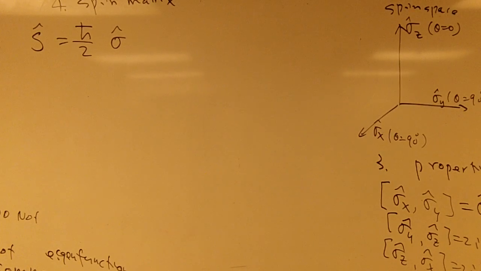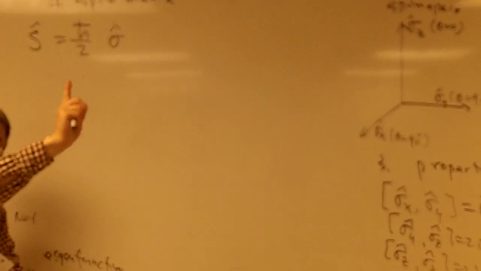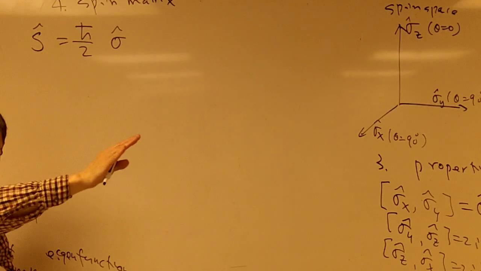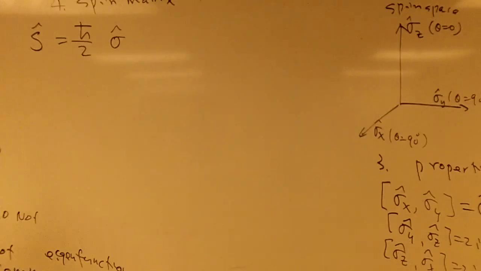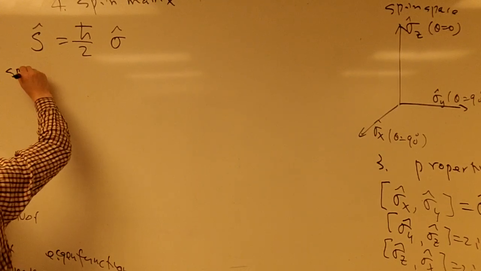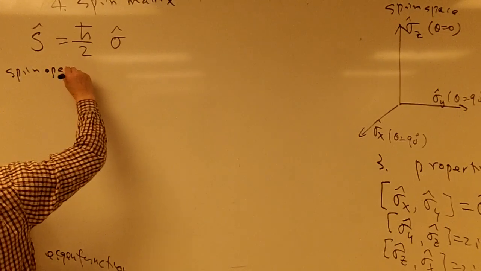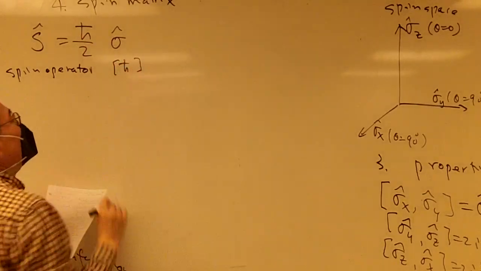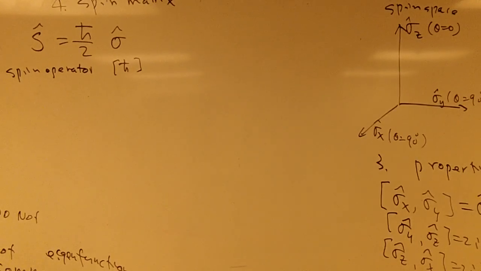This over 2 is exactly what the Stern-Gerlach experiment tells you: either you get a positive 1/2 of h bar, that is h bar over 2, or negative h bar over 2. And this is called a spin operator. And units will be in h bar. H bar is just the angular momentum unit, exactly the same way.